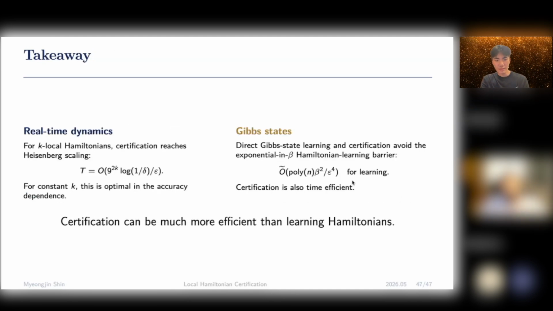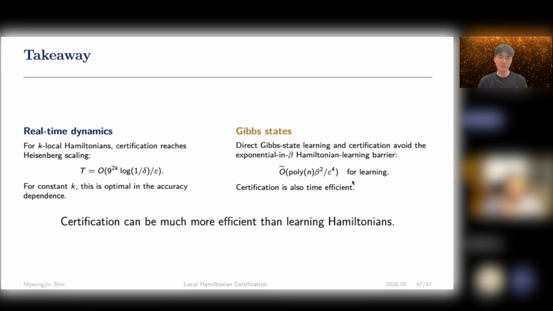And just for takeaway, we showed that for k-local Hamiltonians, by using the real-time dynamics, we can certify the Hamiltonians in the Heisenberg setting. And for a constant k, this is optimal in the total evolution time. And for Gibbs states, direct Gibbs state learning and certification avoid the exponential barrier in the temperature, and we can achieve sample efficient algorithms for learning and sample and time efficient algorithms for certification.